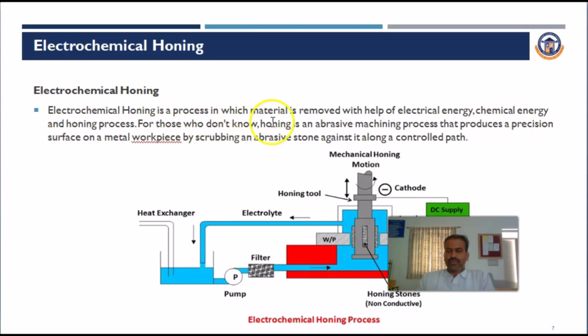For those who don't know, honing is an abrasive machining process that produces a precision surface on the metal. In comparison with grinding, the honing process has only a minimum metal removal rate. It gives a high surface finish by scrubbing abrasive stones against it along with the control part.